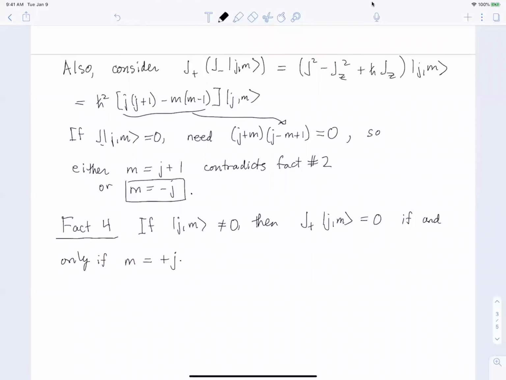So we're just flipping the roles of plus and minus here. And so I won't go through the proof because it's similar to fact 3, but with strategic pluses and minuses interchanged.